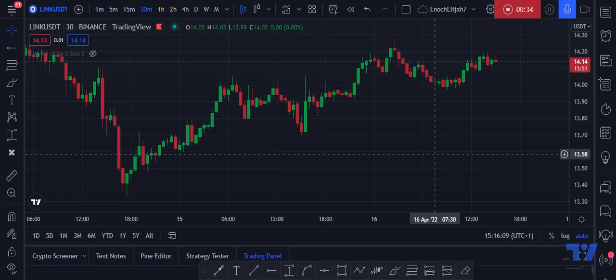You want to practice how to analyze the market live on a live market chart, and then buy and sell, because this is a game of practice. If you do not practice this skill, you cannot gain mastery of it.